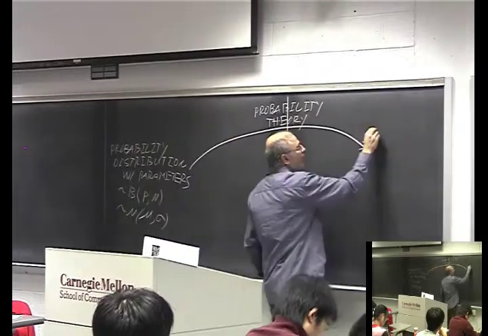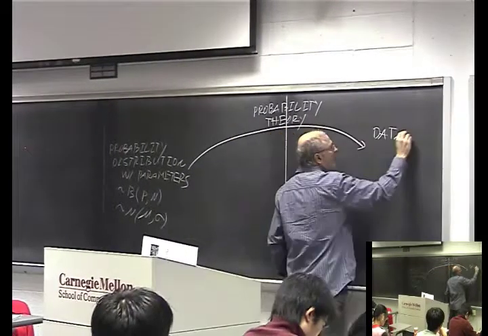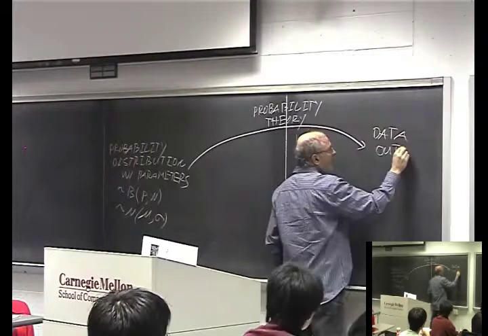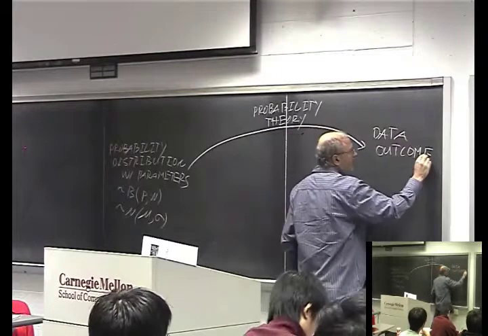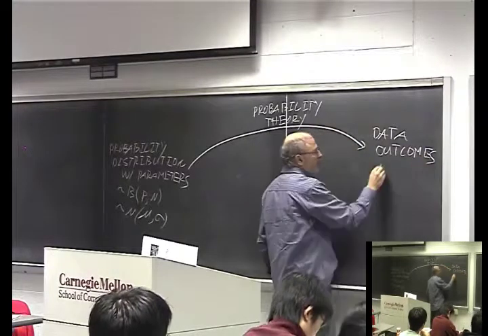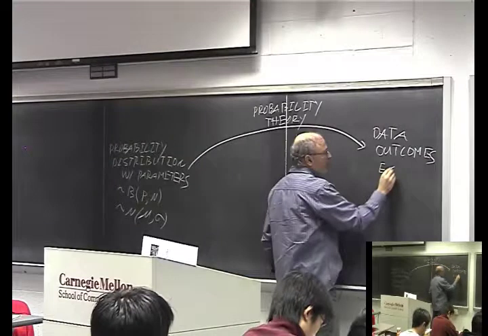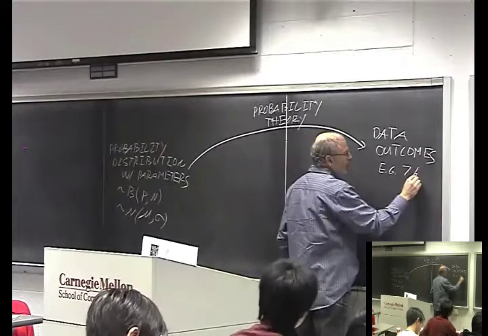And here you have data outcomes. For example, 7 heads.